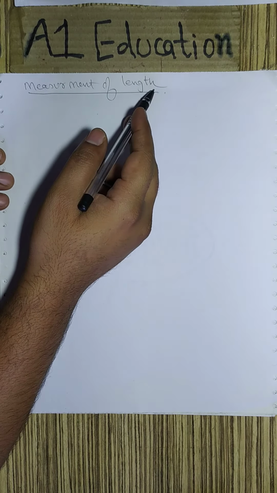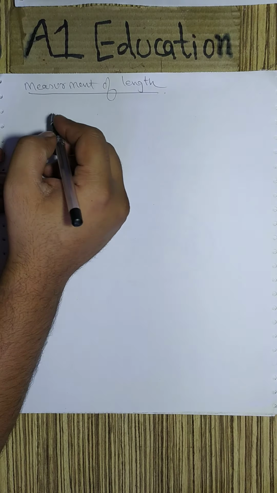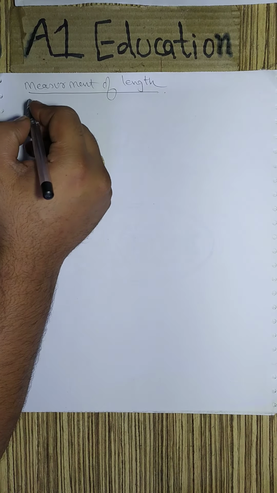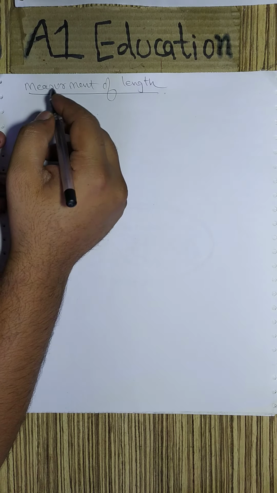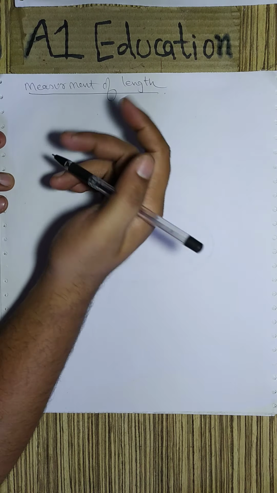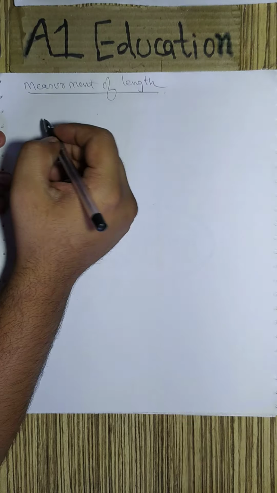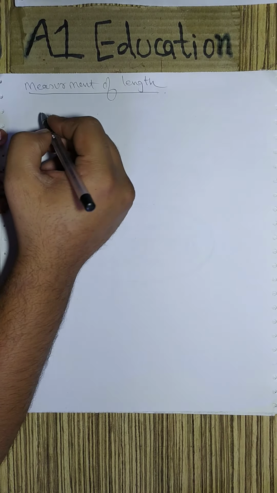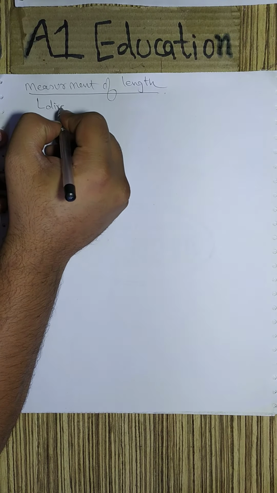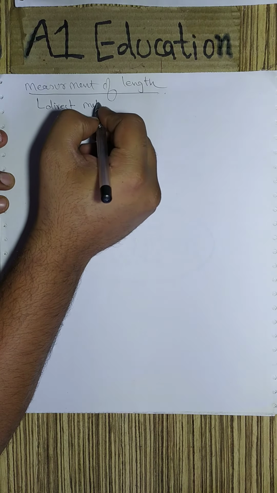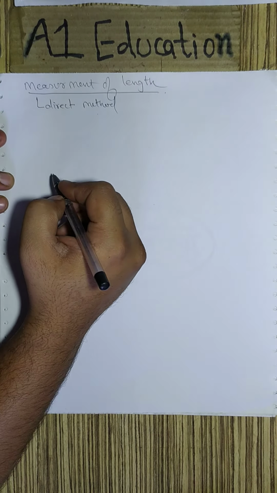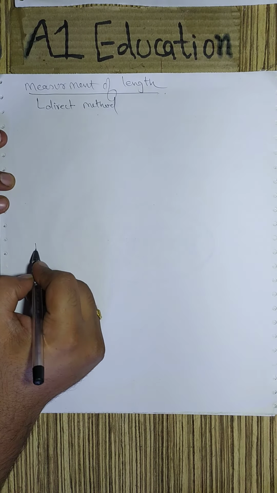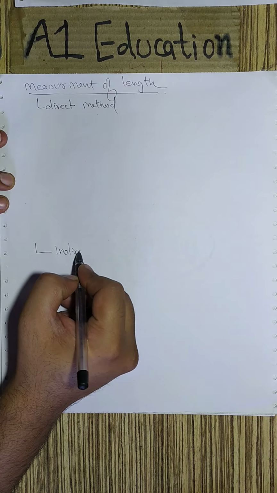So lengths or distances which we measure in our everyday life can be categorized into two categories, based on which there are two methods of measurement of length. Those two methods are, one is the direct method and the other one we have is the indirect method.